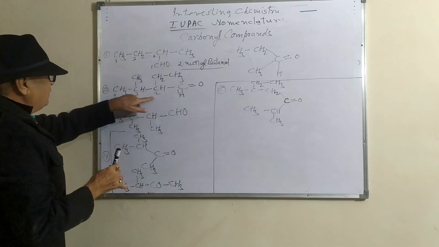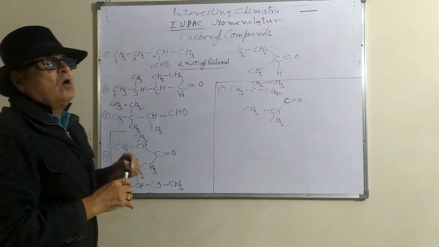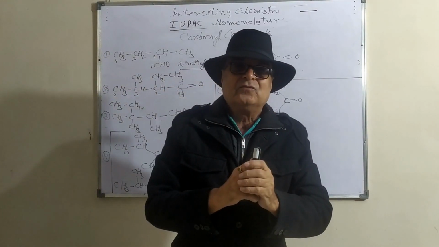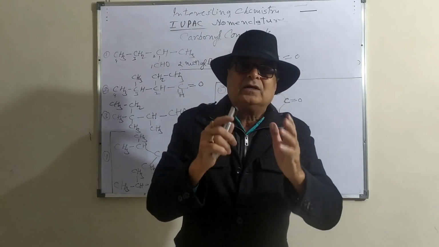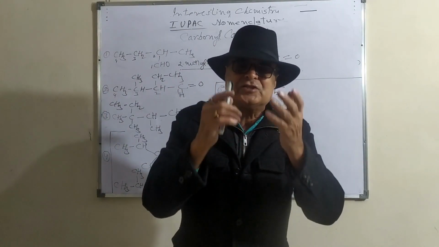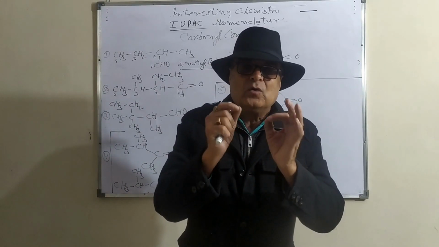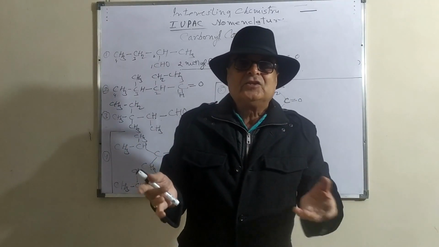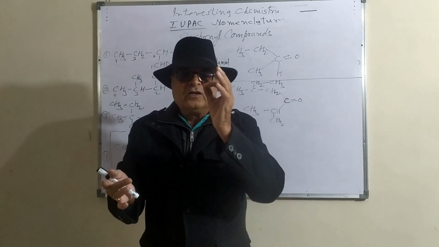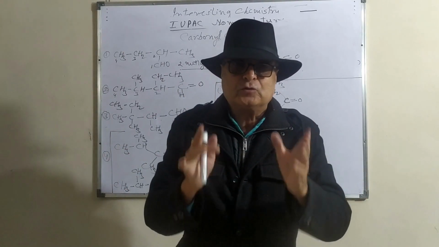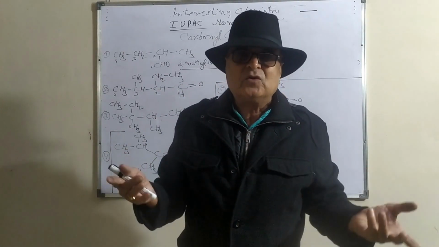So this chain will be counted as the longest chain. So again, remember, when there are two longest chains having the same number of carbon atoms, the longest chain that has the maximum number of substituent groups will be selected.